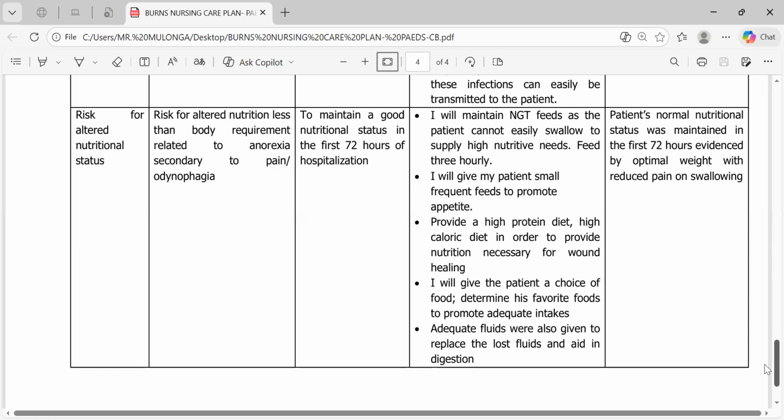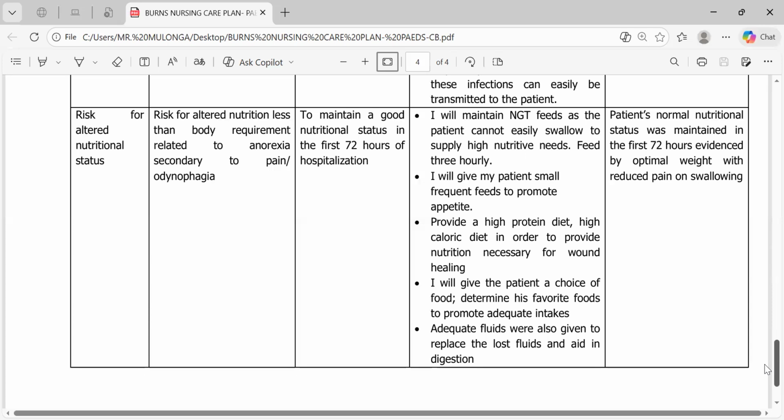Then the last one we can say, I will give adequate fluids to replace lost fluids and aid in digestion, therefore helping maintain a good nutritional status.